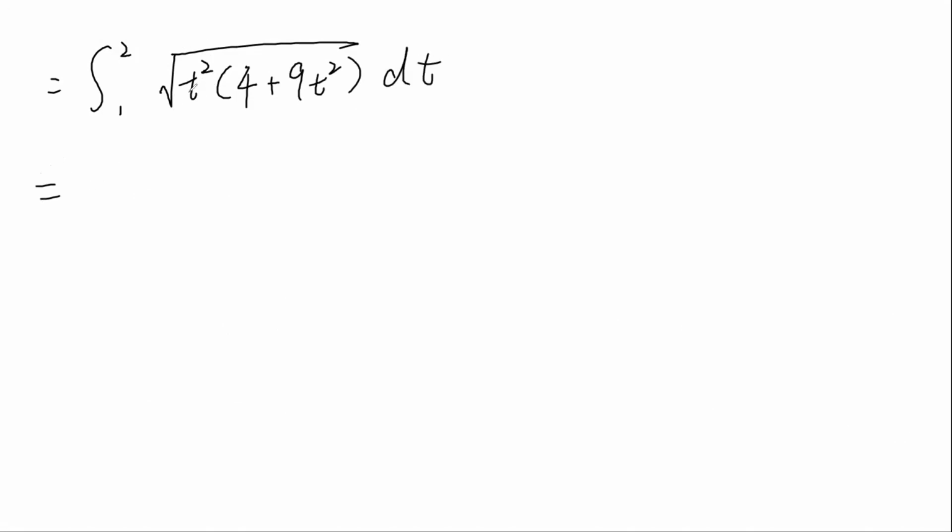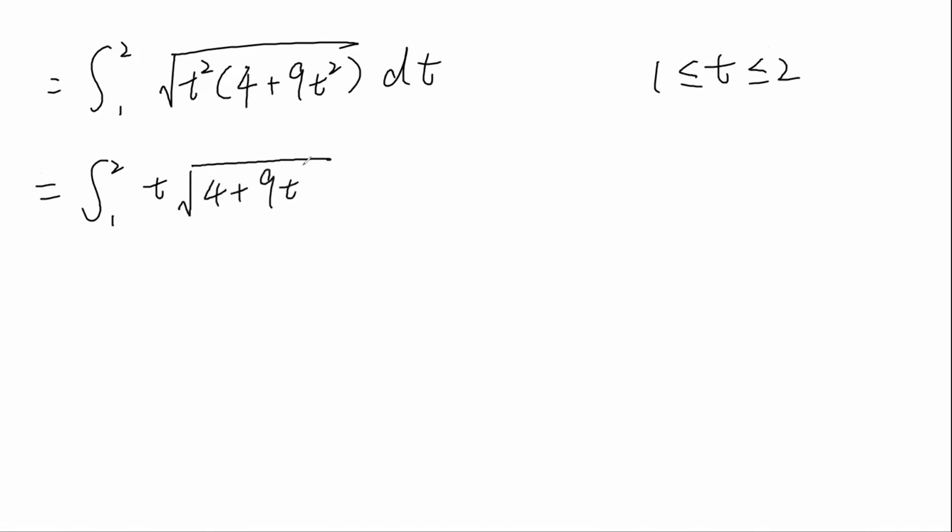And because t is between 1 and 2, so it's a positive number, we can factor out that t, and simplify or transform this integral into this integral: the integration of t times the square root of 4 plus 9t squared, from 1 to 2. And then we can use the u substitution.